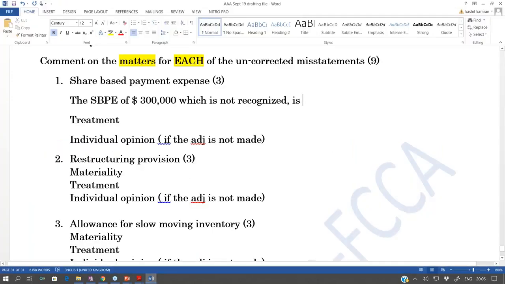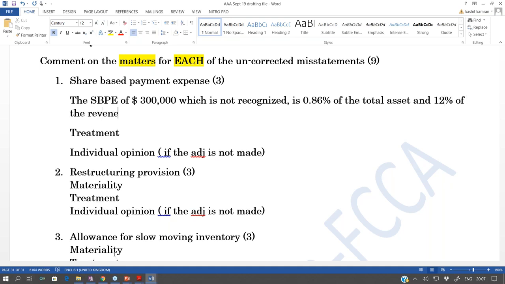The $300,000, which is not recognized, is 0.86% of the total assets and 12% of the revenue. So is it material to one and immaterial to the second? Everyone agrees with that? It is immaterial to the assets and material to revenue.